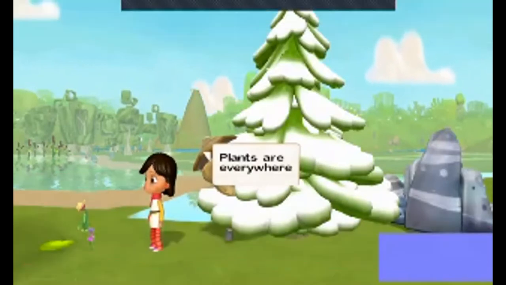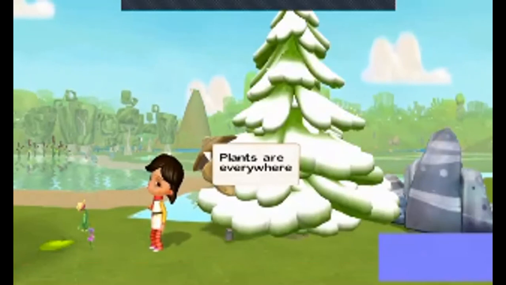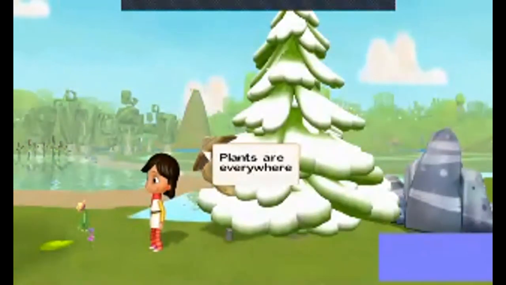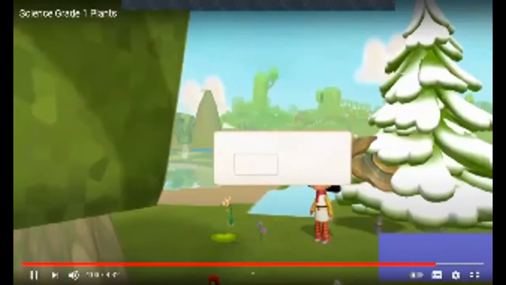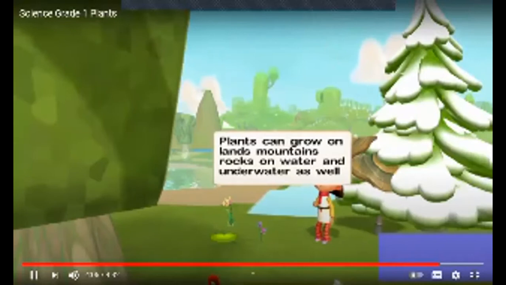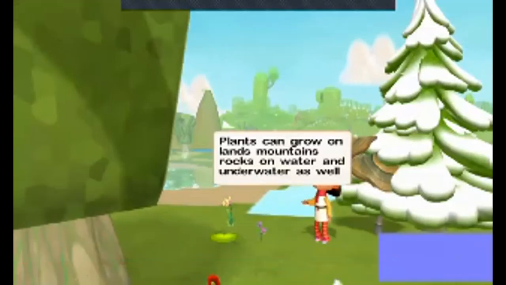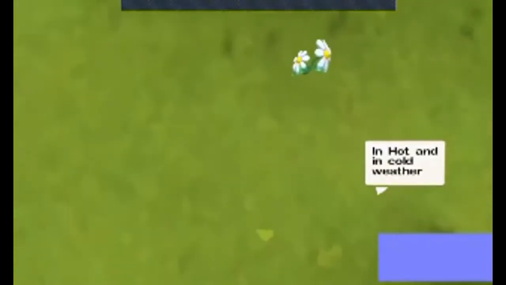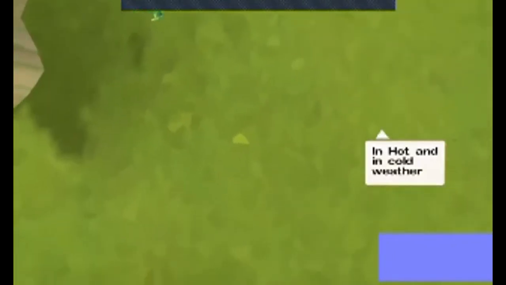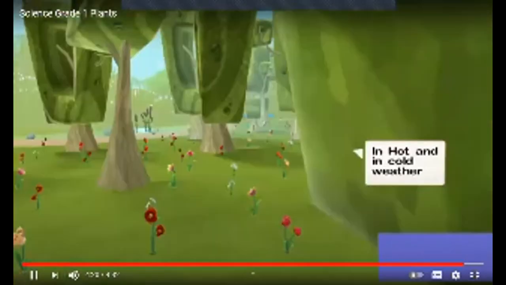Plants are everywhere. Yeah, they are all around us. Plants can grow on lands, mountains, rocks, on water and underwater as well. In hot and in cold weather.